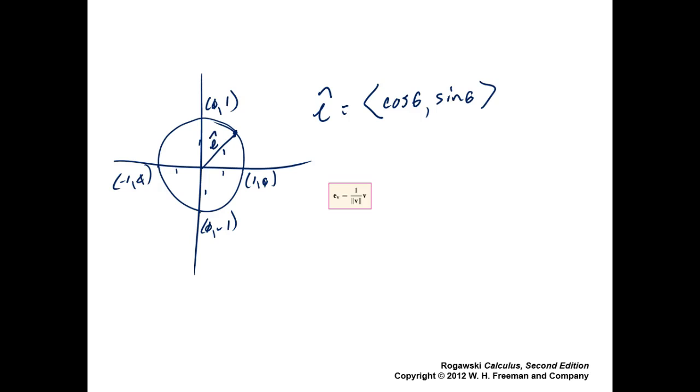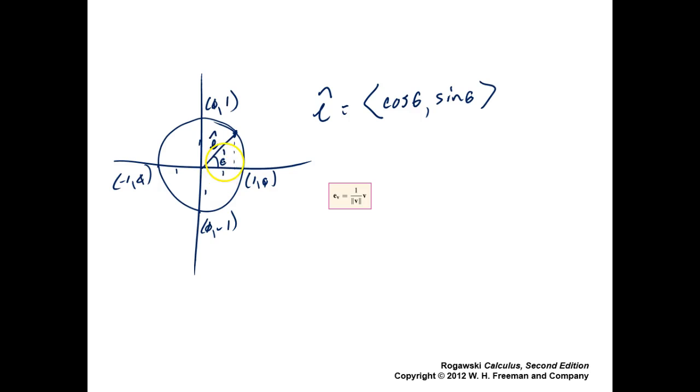Okay. So we've identified just about everything we can about that. There is a unit vector. Now, the standard procedure here is to call this angle theta. And the radius, the hypotenuse, is 1.